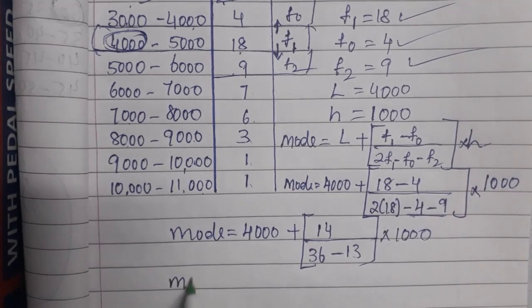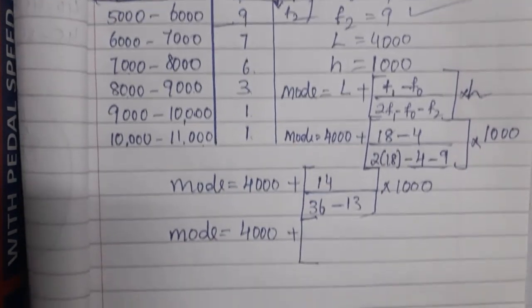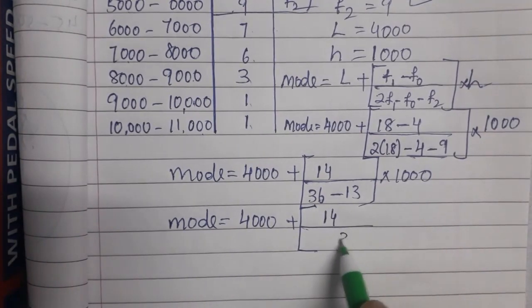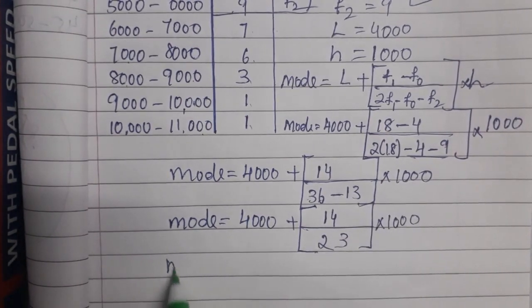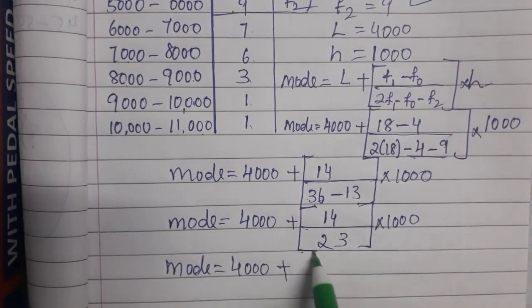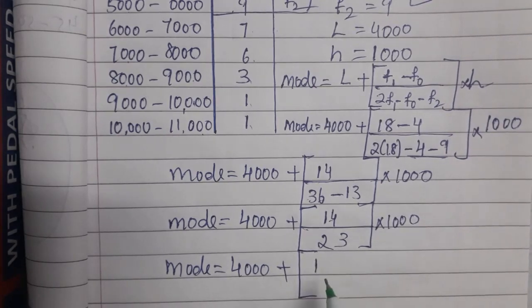Simplify this: 14 will remain as it is, 36 minus 13 is 23. Into 1000. Now mode is equal to 4000 plus 14 into 1000, that is 14,000, divided by 23.